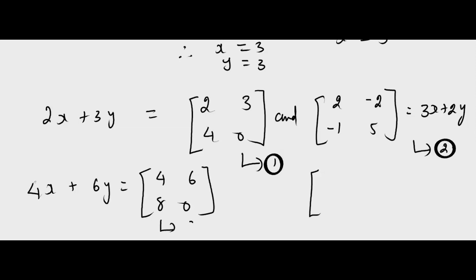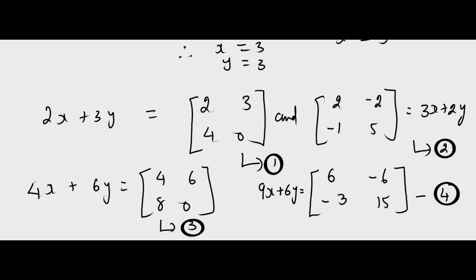Let me take this as the third equation. Multiplying the second matrix by 3 gives me 9x plus 6y is equal to [6 -6; -3 15]. Let me keep this as equation 4.